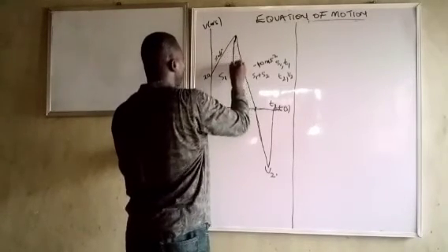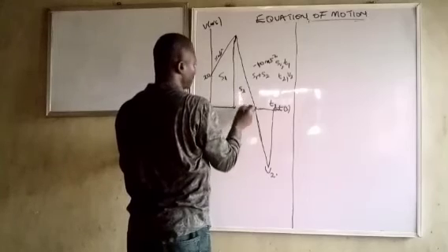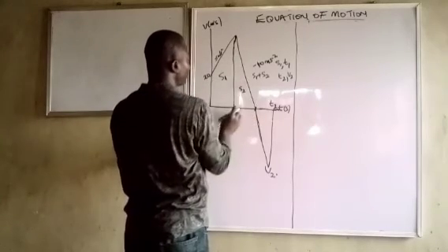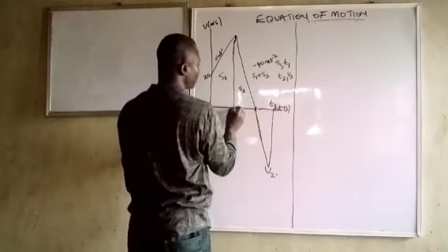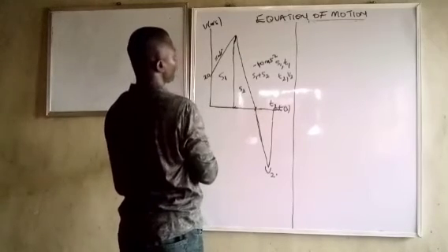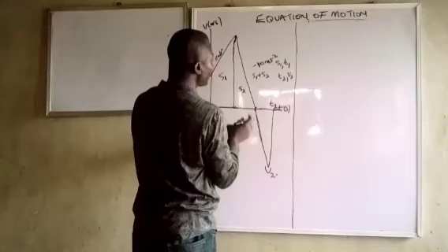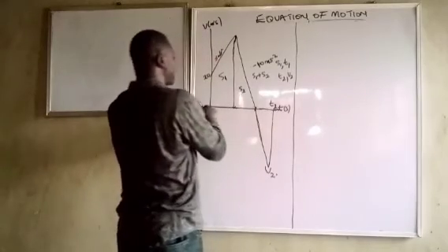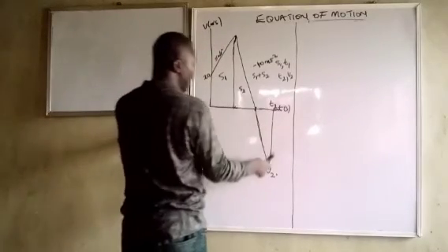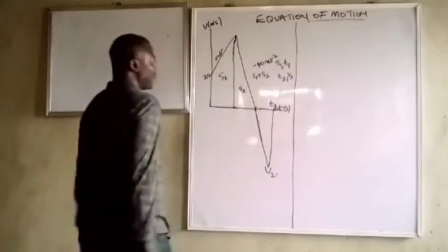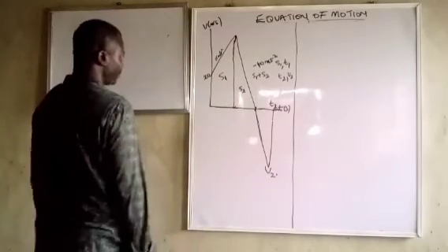We were also asked to find the extreme position, that is the position where the velocity gets to 0. And we were also asked to find the time at which it got back to its initial position and the velocity at that point. Let us start.